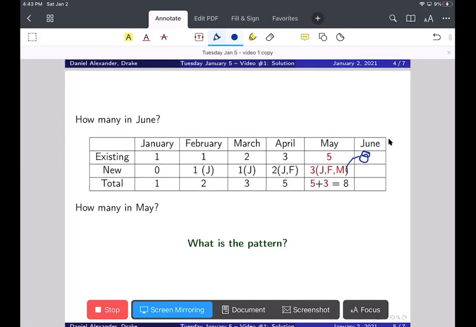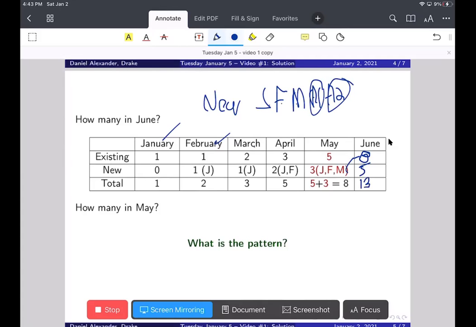Now January is able to give birth, so there's a new one. February is able to give birth, so we have another pair. March is now able to give birth. And then April's two pairs are also able to give birth, April 1 and April 2. That's 1, 2, 3, 4, 5 new ones. And now we have 13.